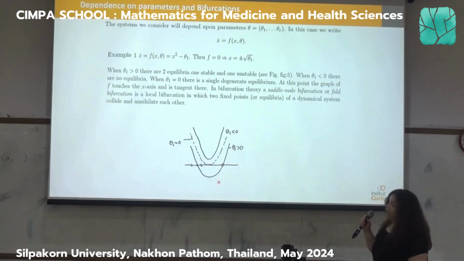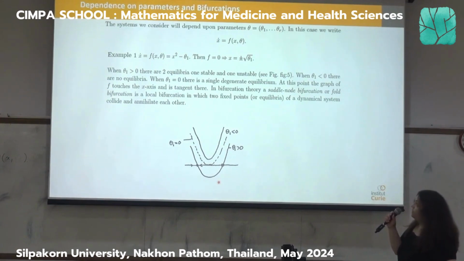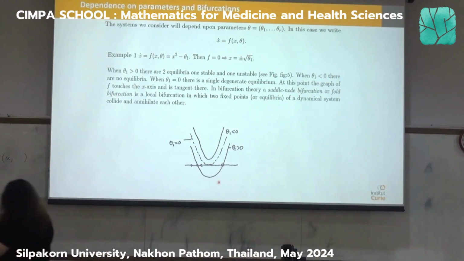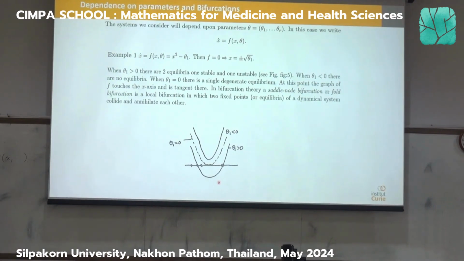So let's say that you have x dot equals f of x and theta, and now your example is as follows. So f of x is equal to x squared minus theta 1. And you can actually draw this in the same way that I drew this.